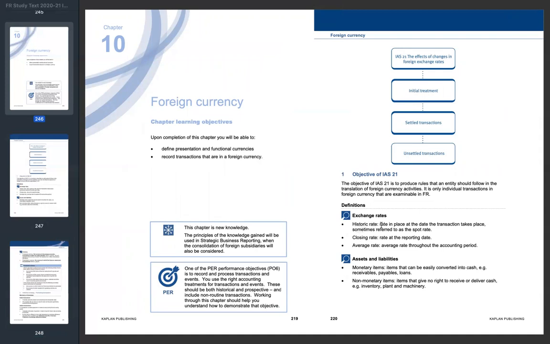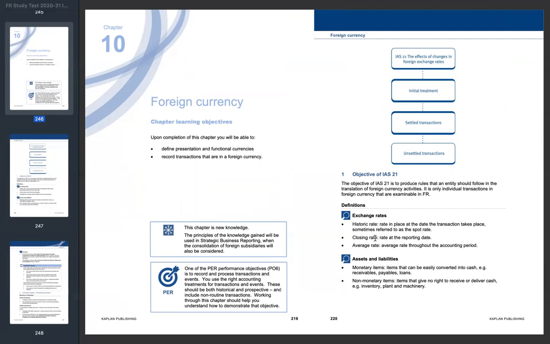Now, what is historic rate? The rate in place at the date the transaction takes place, sometimes referred to as the spot rate. When I actually started the transaction, that is my initial transaction of purchasing the commodity, the rate on that date is known as my spot rate or historic rate. For example, if I purchased a commodity on 1st April and 70 rupees to $1 was the exchange rate on that date, then that is my historic rate or spot rate.